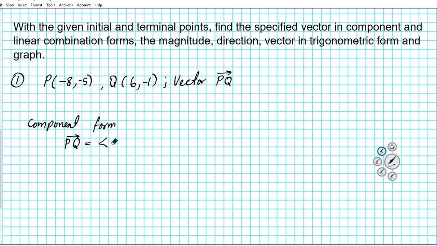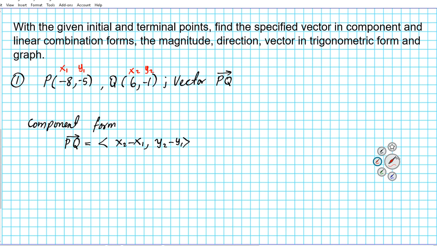It's going to be the run in the x component area, so the run is x2 minus x1. And then the rise would be in the y component area, y2 minus y1. So what is x1, y1, x2, y2? Well, the initial point will give us x1, y1, since it comes first, and then the terminal point will be x2, y2.